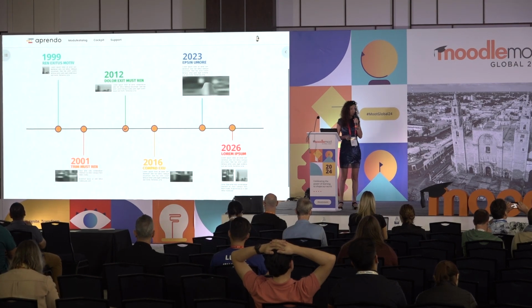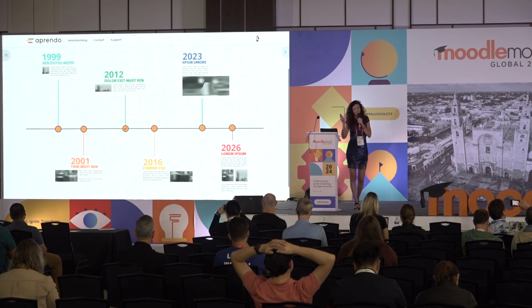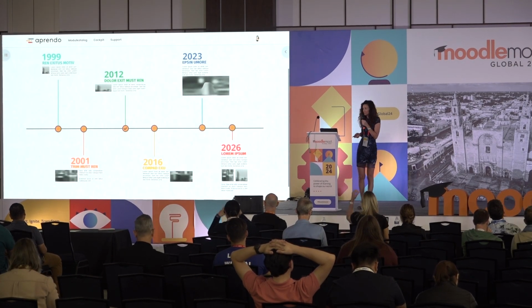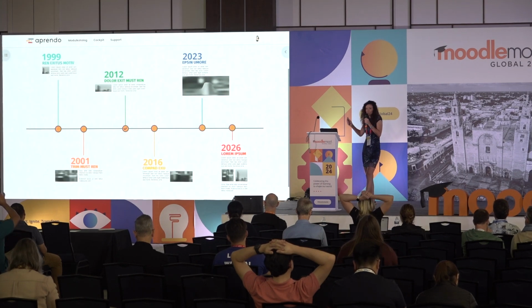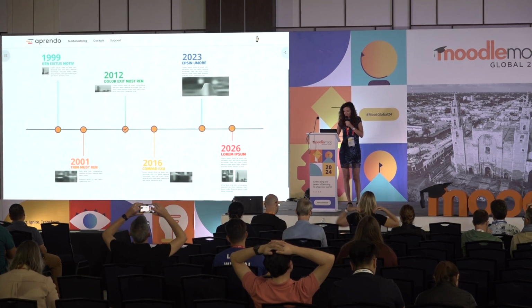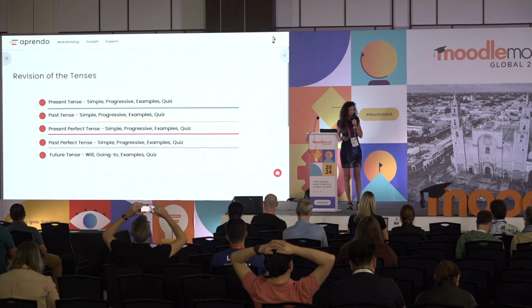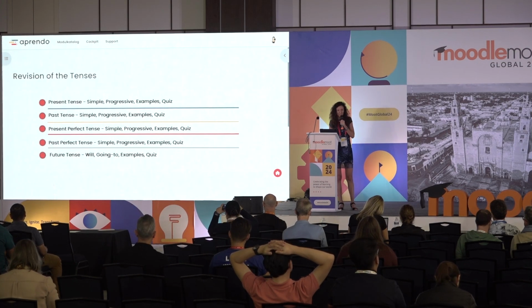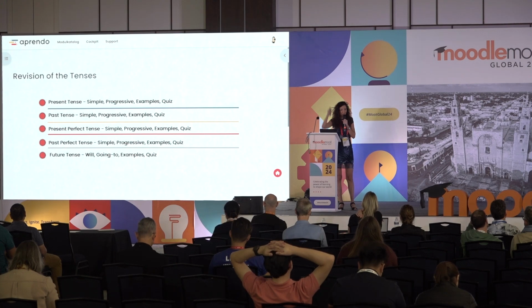Or you use it for timelines, like for your history class or your company success story, for onboarding processes of new staff. There's a lot of things possible with these learning maps.